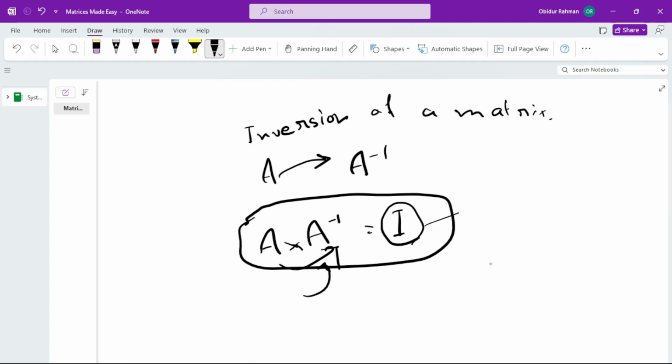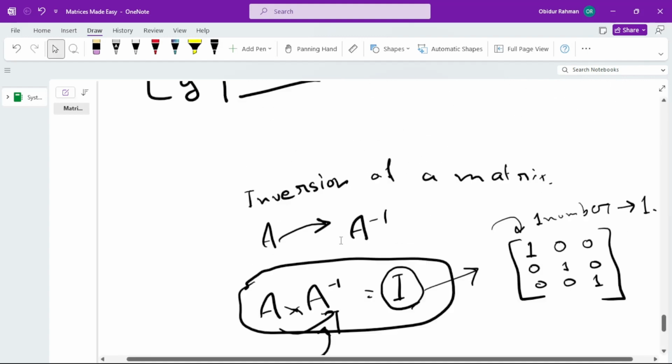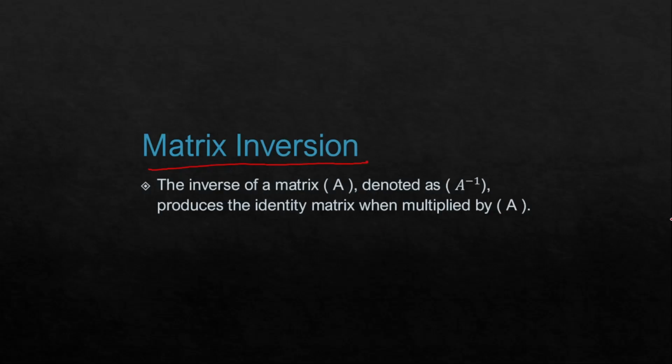I don't know if you remember or not, an identity matrix is a square matrix where everything other than the main diagonal is 0 and the main diagonal consists of only the number 1. So this was the inversion of a matrix.